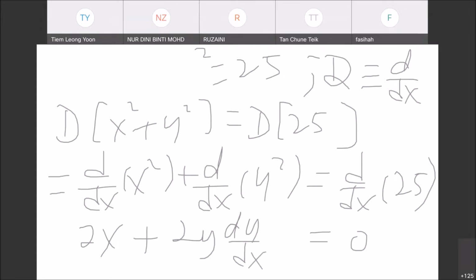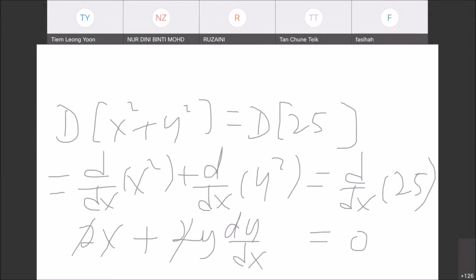Let me wrap up this part so that I have some place to write my equation. So just rearrange it. The 2 would get cancelled off. Then I have dy dx equals minus x over y. So that is the dy dx of my equation. Then I want to calculate the derivative at the point x equals 3, y equals 4.